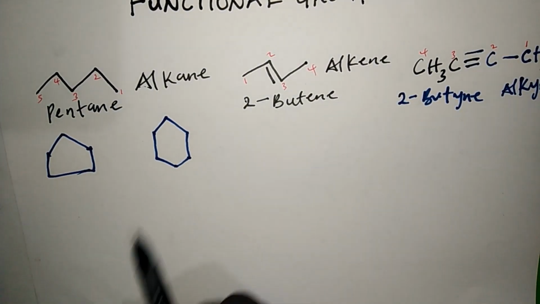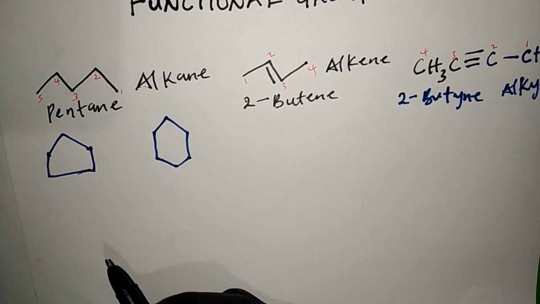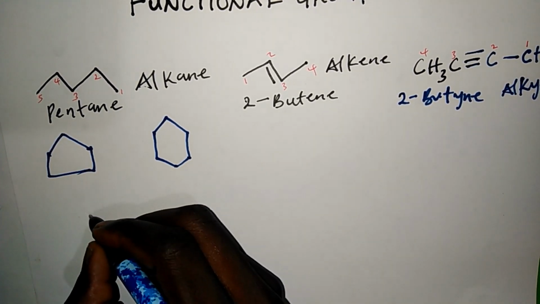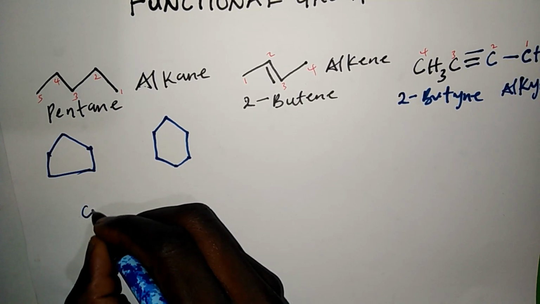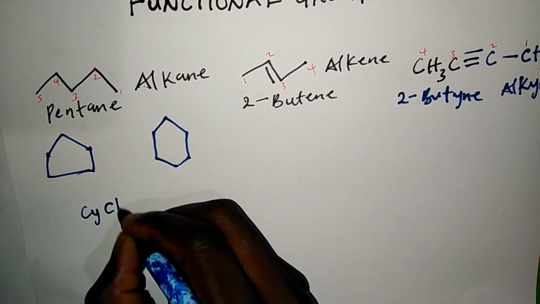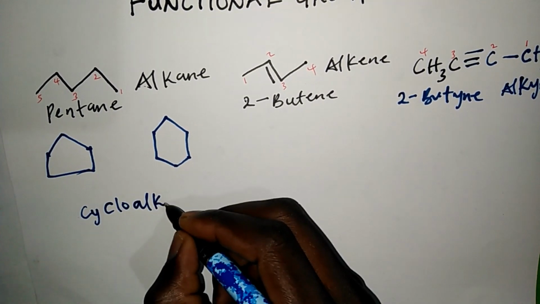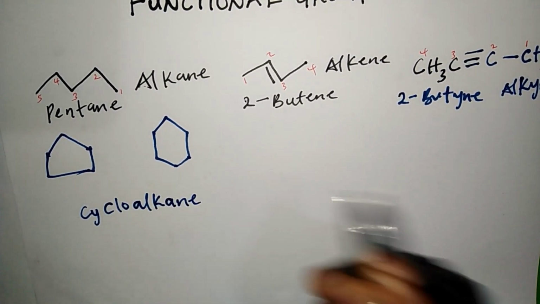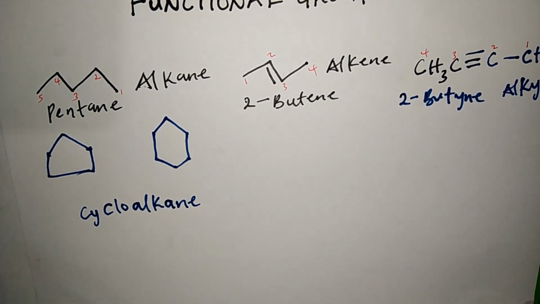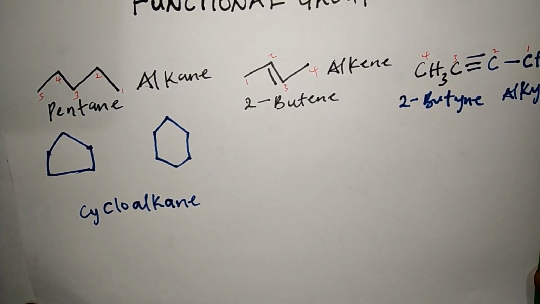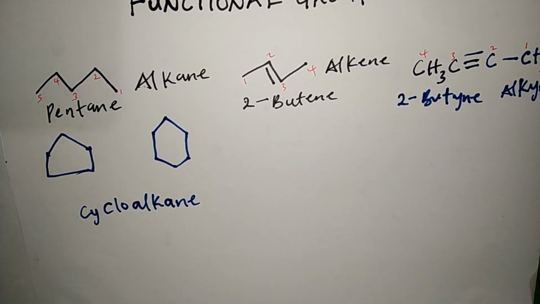Both compounds are referred to as cycloalkane. Cycloalkane because, 1, they are cyclic, and 2, they have just single bonds, so they are referred to as alkane.